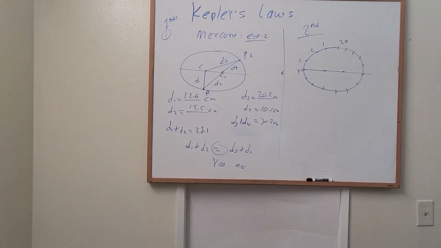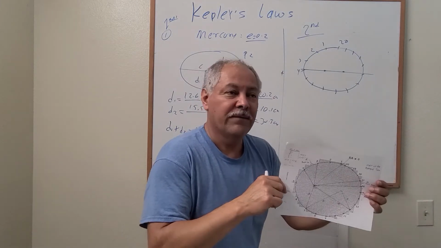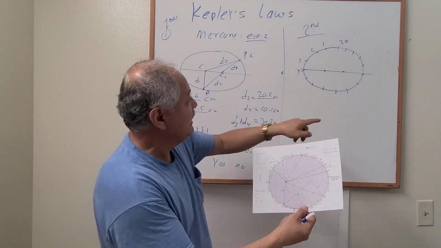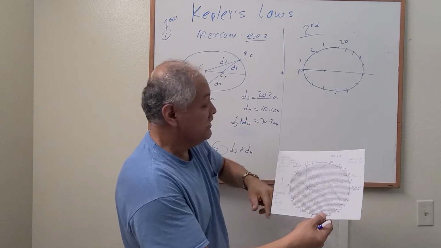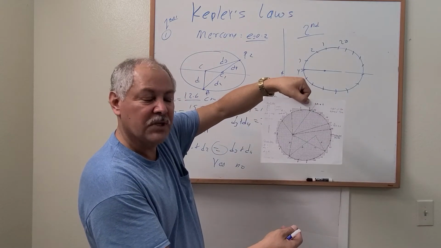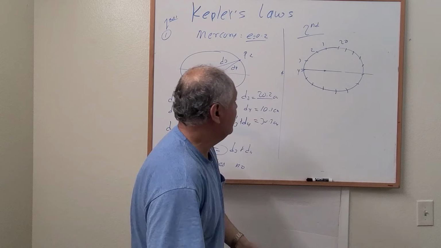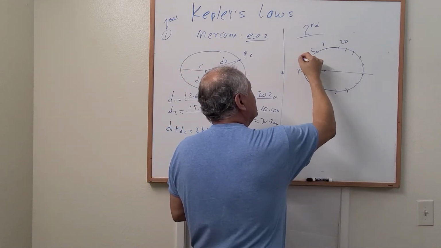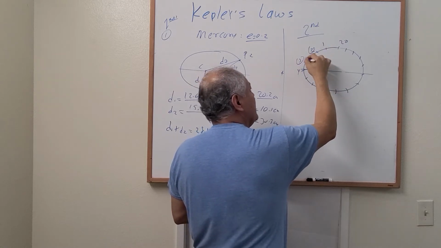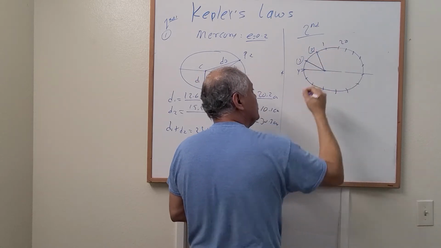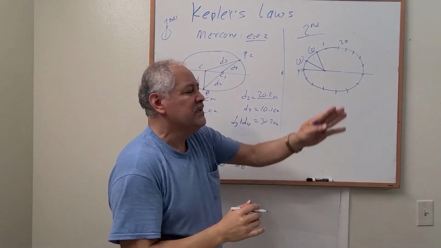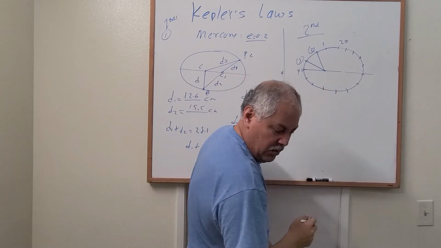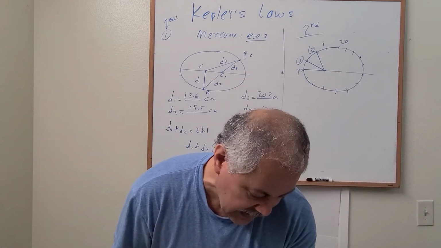Look, this is the orbit of the planet. Now let's take the sun. I'm going to send you a picture for this one. Imagine we're taking only 1 month, from month 2 to month 3. Let's connect these two to find the area swept by the planet. And let's go to another 2 points. Pick whichever points you like.